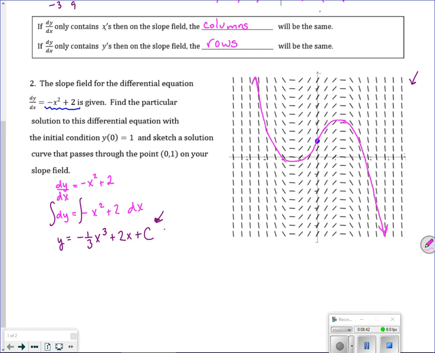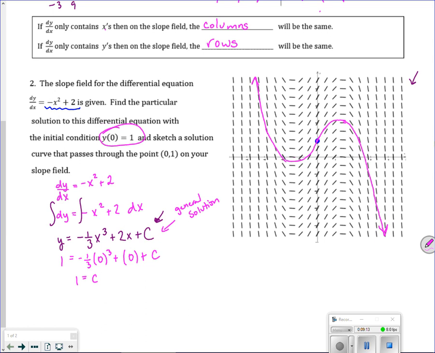As we've talked before, this is called the general solution. But they told you a specific point. So when they do that, if I put in zeros for my x's, I should get out 1 for y. And so c would be 1.